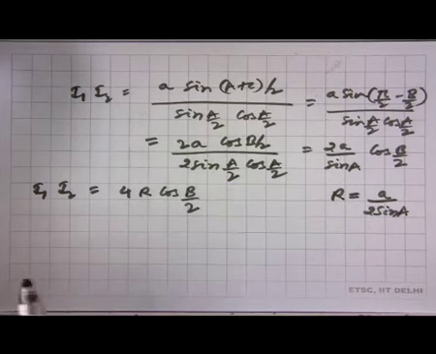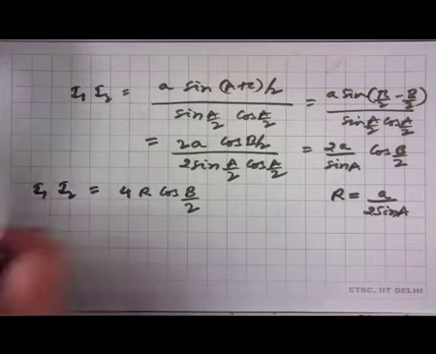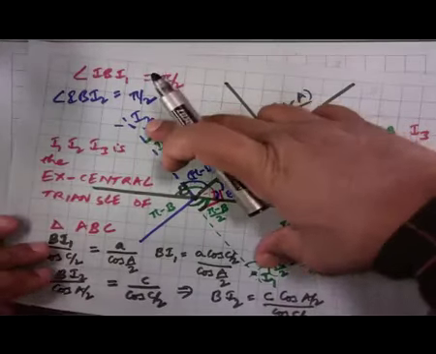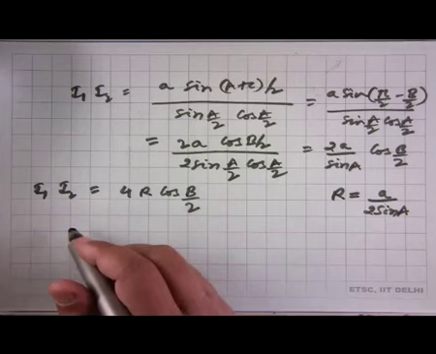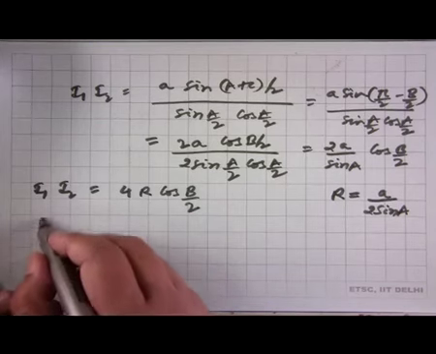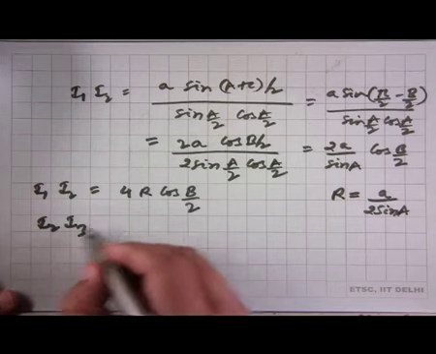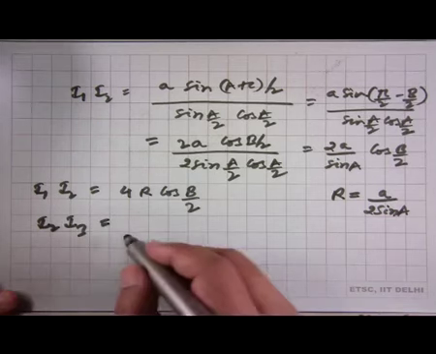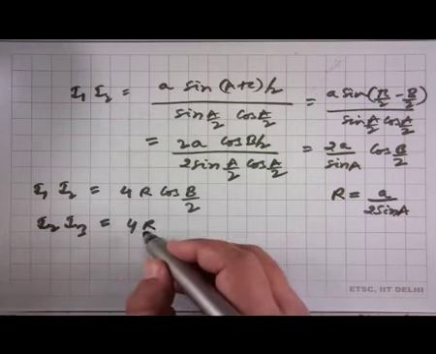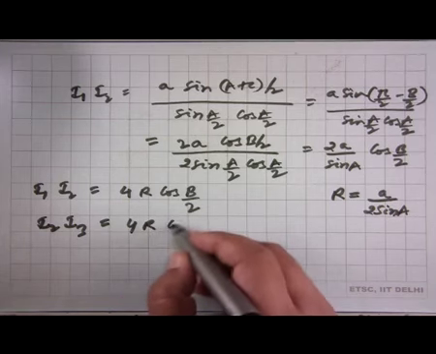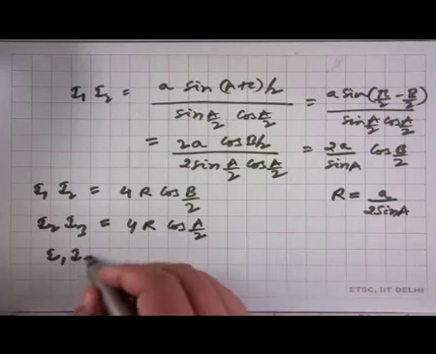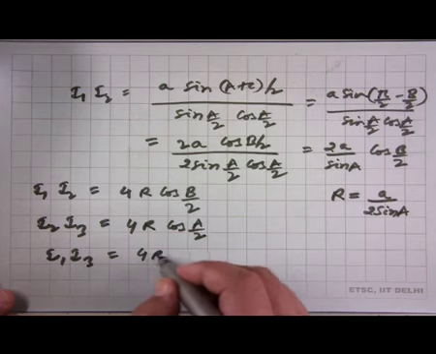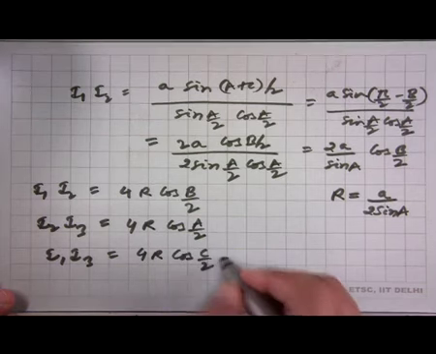So, what we have shown is that this length is equal to 4R cos(B/2). In a similar manner, one can also prove that I2I3 is equal to 4R cos(A/2) and I1I3 is equal to 4R cos(C/2).